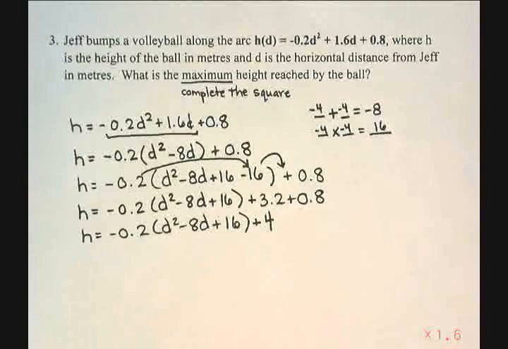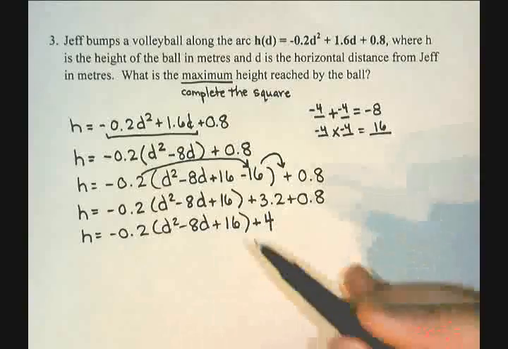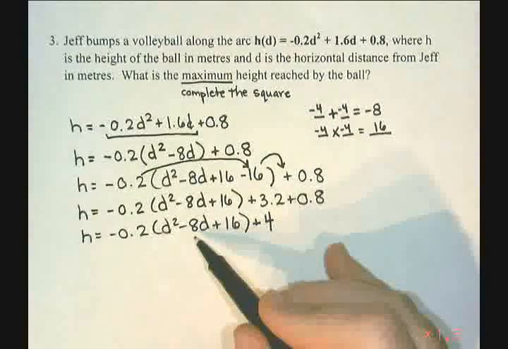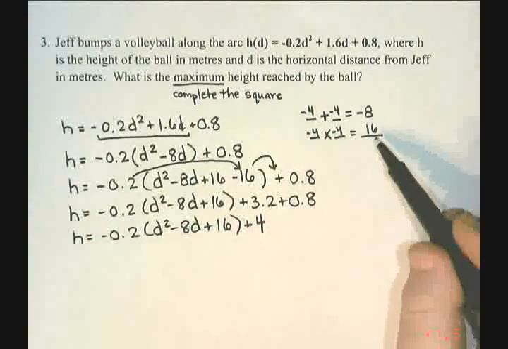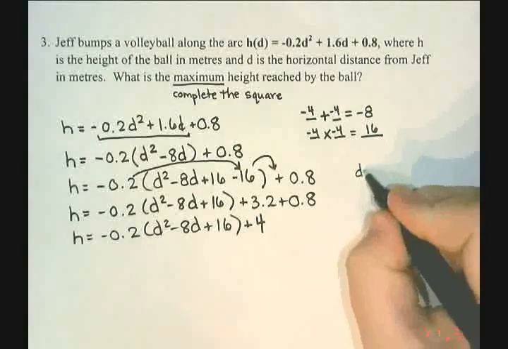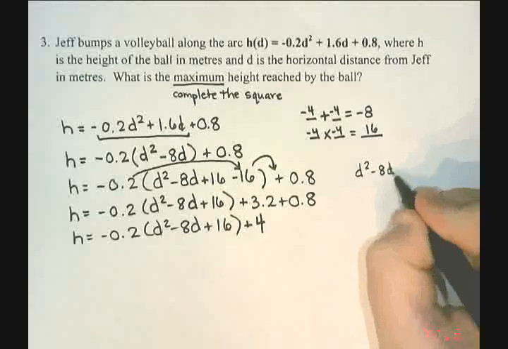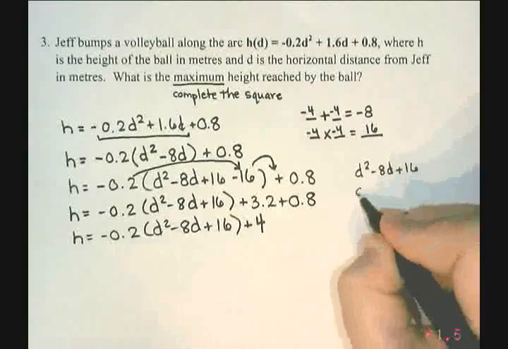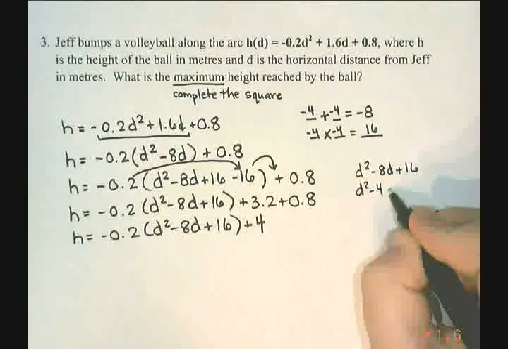And then all I need to do is finish factoring that bracket. So I need two numbers that multiply to 16 and add to negative 8, which I already know are negative 4 and negative 4. So I'm going to factor d squared minus 8d plus 16 by putting in the negative 4 and negative 4.